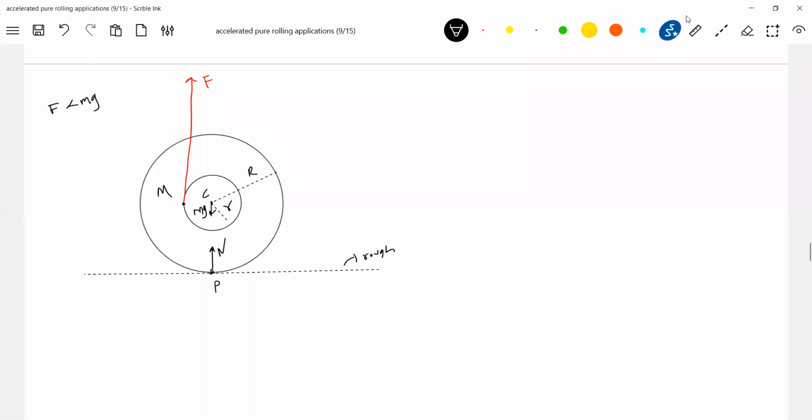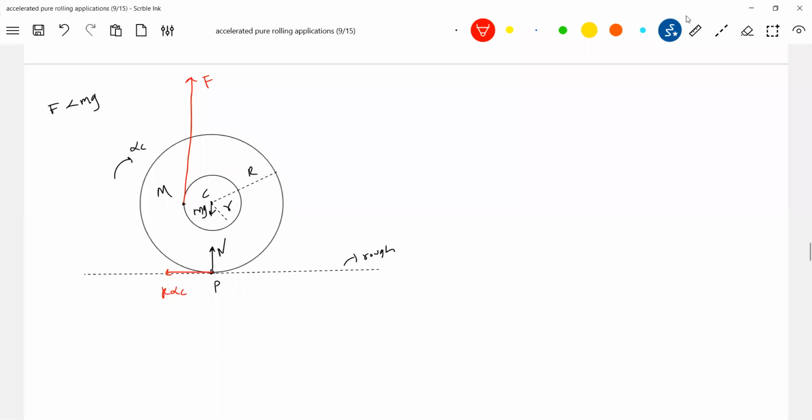But the applied force can set up torque about the center of mass or about point P. Let me take it about the center of mass here. This is smaller r, this is F, clockwise. So because of the clockwise torque, the body tries to rotate clockwise. Because of this clockwise torque, this particular point P will have acceleration towards the left, R alpha_C.